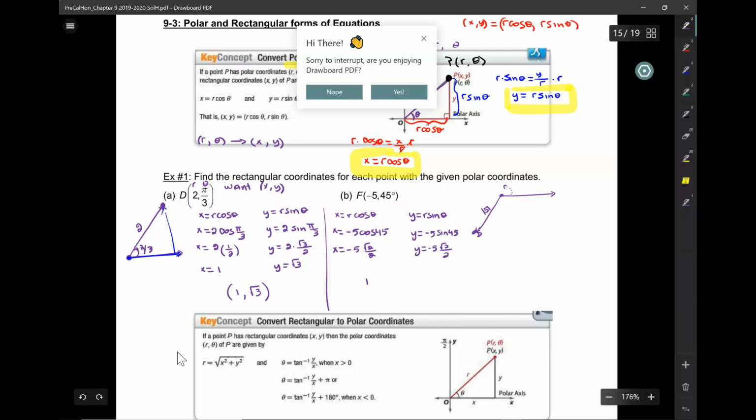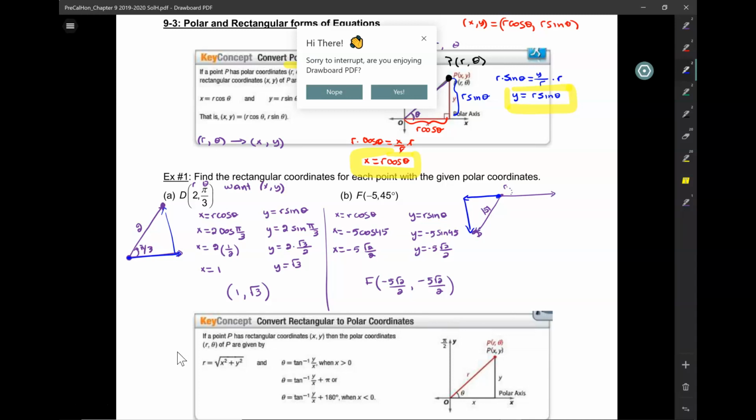So the coordinates of P are -5 root 2 over 2, -5 root 2 over 2. Does it make sense that if we had a 45-degree angle, I go -5 root 2 over 2 and -5 root 2 over 2 to get to that point?